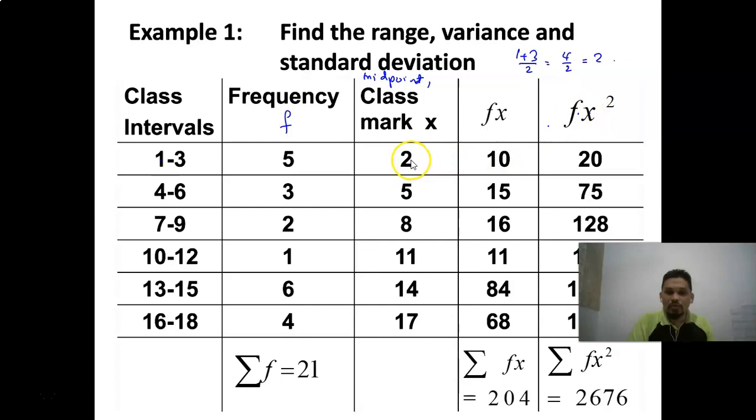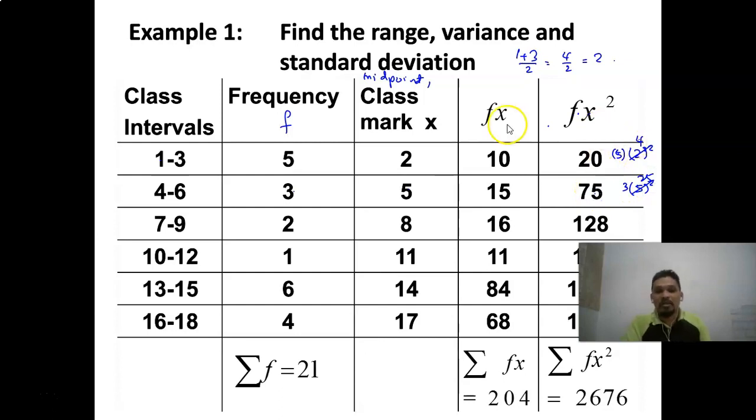X equals 2, so 2 squared multiplied by f, which is 5. 2 squared equals 4, 4 times 5 equals 20. Again, f equals 3 multiplied by x squared, 5 squared is 25, 25 times 3 equals 75.